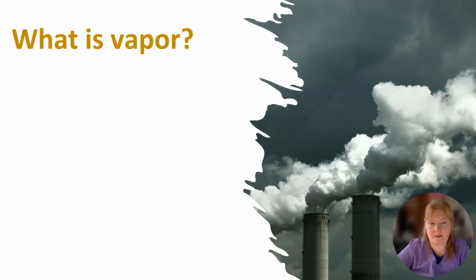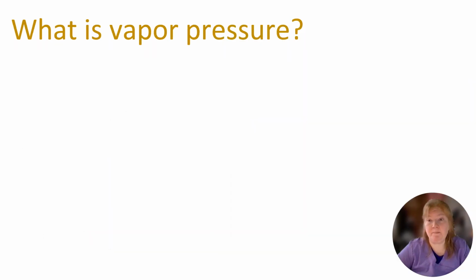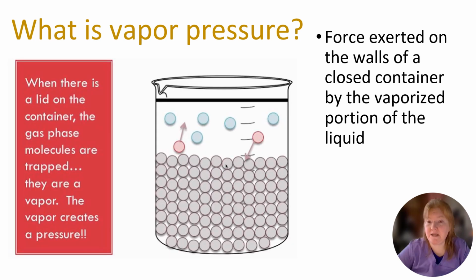All right, what is vapor? Well, vapor is a gas phase. What is vapor pressure? Well, that's the force exerted on the walls of a container when we have a closed container and it has some liquid. So there would be some of the liquid that's a vapor, and that vapor creates pressure, okay?